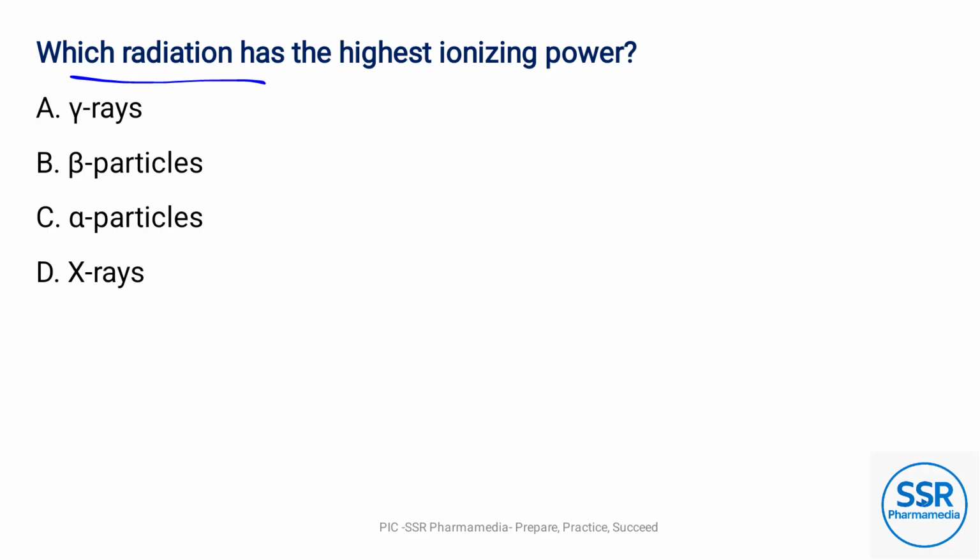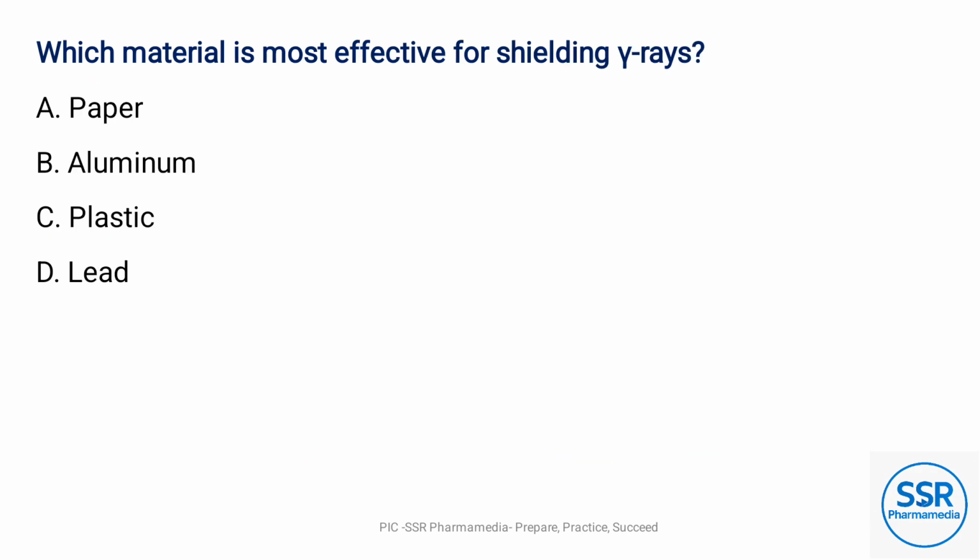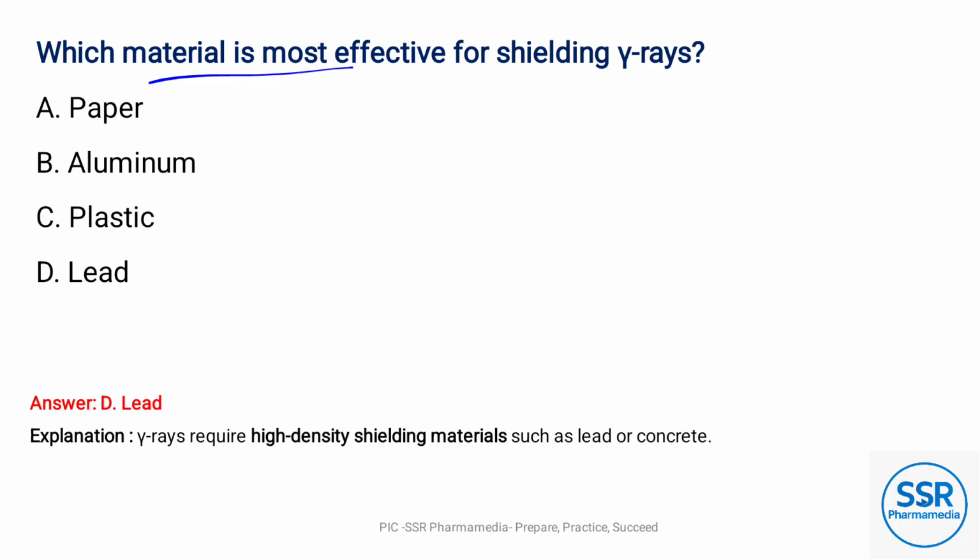Which radiation has the highest ionizing power? Option C, alpha particles, due to their higher mass and charge. Which material is most effective for shielding gamma rays? Option D, lead and concrete.